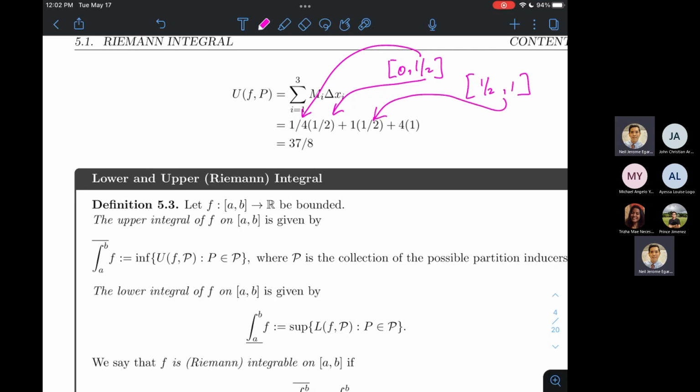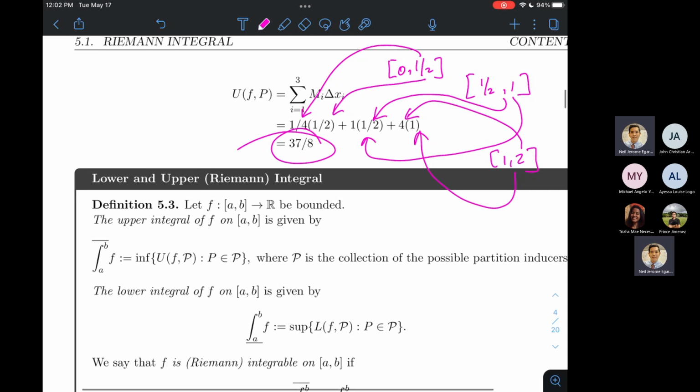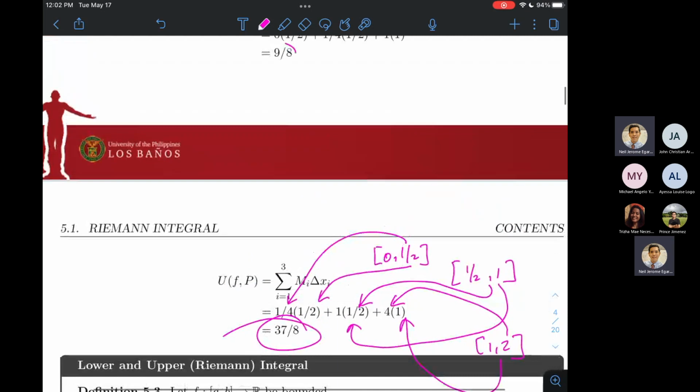Its length is 1/2. Highest function value is 1 squared, which is 1. And lastly, we'll have 1 to 2. The length is 1. Highest function value would be at the right endpoint, so that's going to be 2 squared. So we got the upper Riemann sum is 37/8. And clearly, 37/8 is larger than 9/8 as promised.